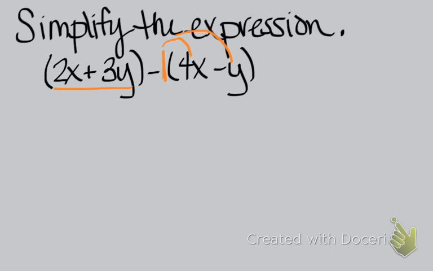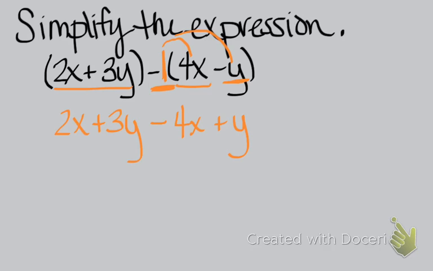So I didn't do anything to the first parentheses, so I'll just write down 2x plus 3y. And then negative 1 times 4x gives me a negative 4x. Negative 1 times negative y gives me a positive y. Now I'm ready to combine like terms. I couldn't combine them before because I had to deal with the subtraction first, which means I had to distribute a negative 1.